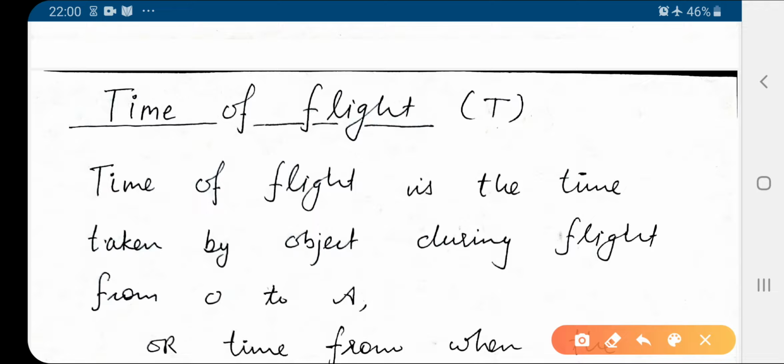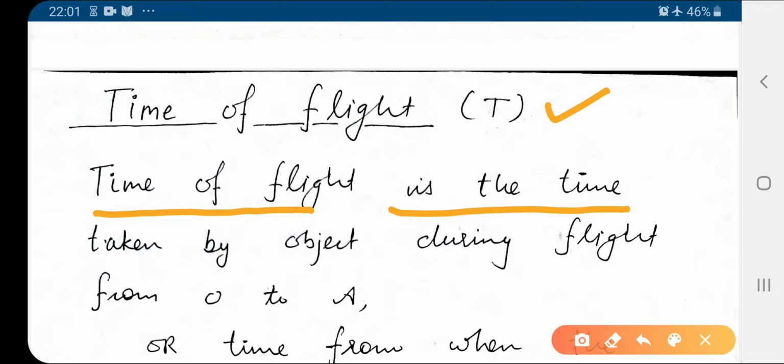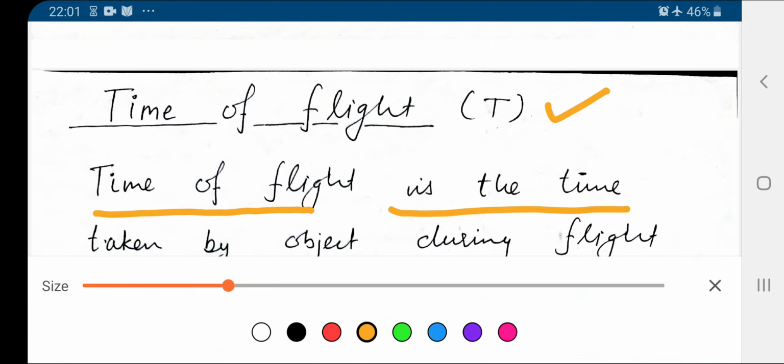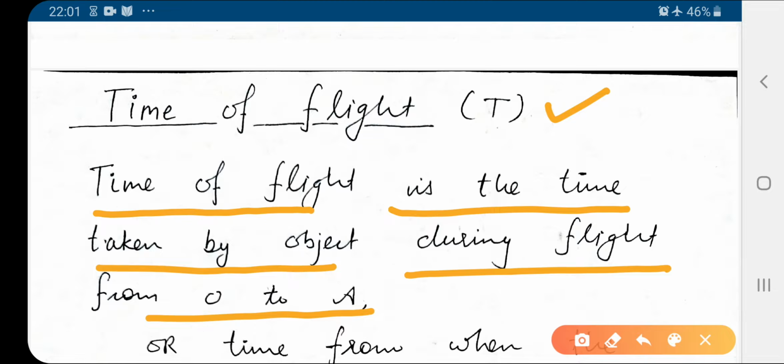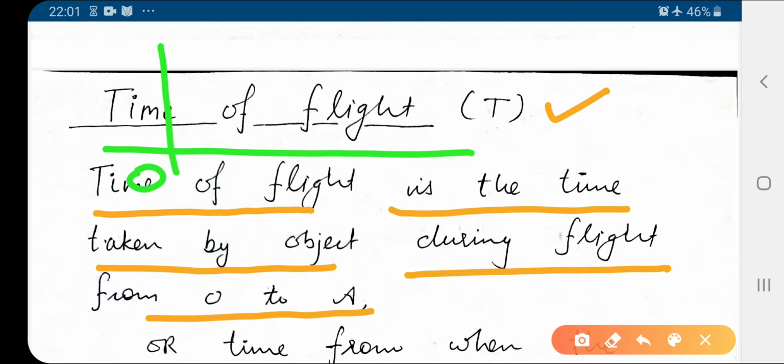Now time of flight, which is denoted by capital T, is the time taken by the object during the flight from O to A. Now O and A are the points that you see in the last page, that this is O and from O it reaches at A. So time taken by the body from O to A, that is called time of flight.